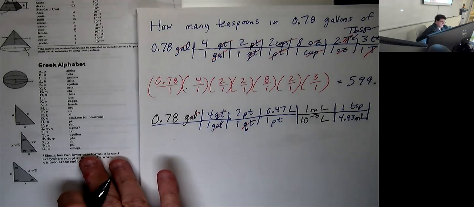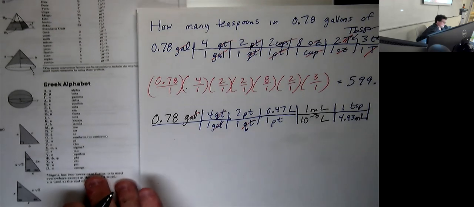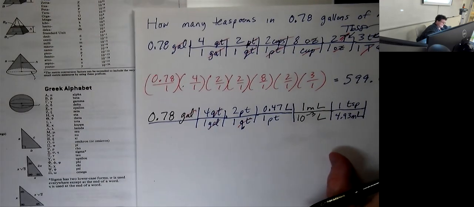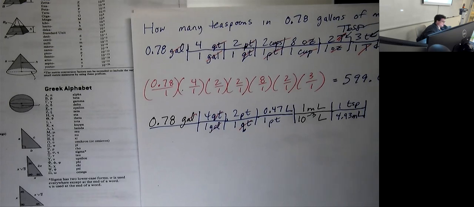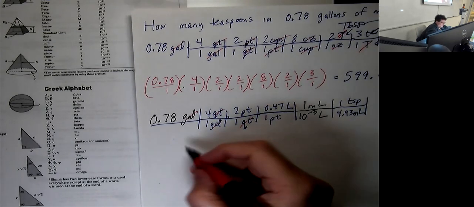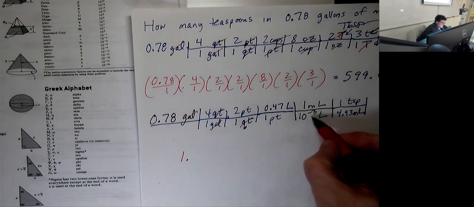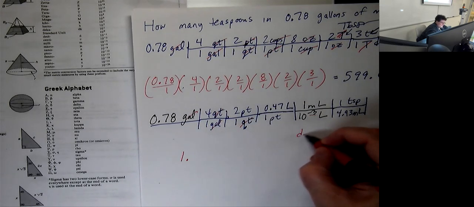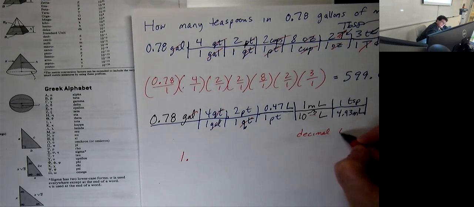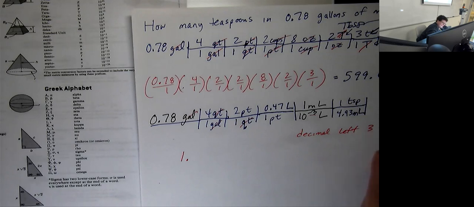So what 10 to the negative 3 means, if you don't want to use that, is we start with 1, and 10 to the negative 3 means move the decimal left 3 times. Left comes from the minus sign.